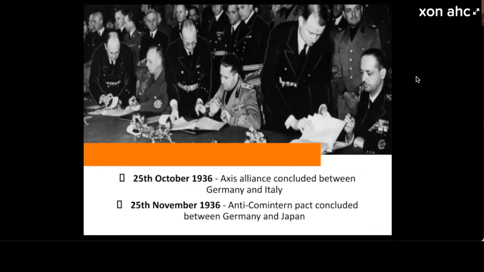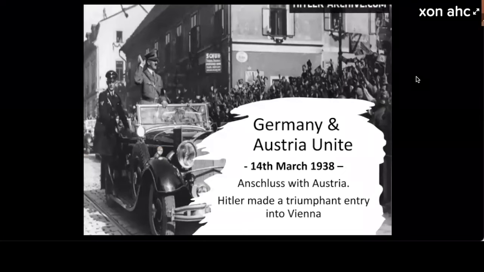All right, so the next part of the treaty that Hitler is going to break is the union of Germany with Austria. We know that after World War I, Austria-Hungary broke apart into different independent countries, and the Treaty of Versailles said that under no circumstances is Austria to merge with Germany.